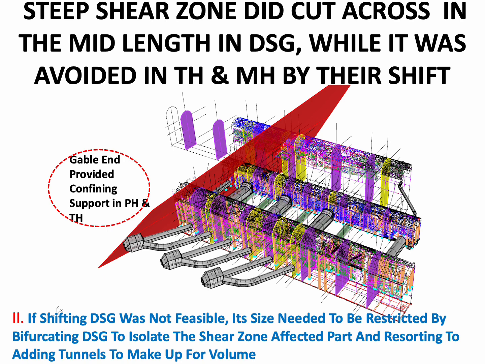So what was possible, if shifting was not possible, was to at least bifurcate the downstream surge gallery into two portions, leaving the middle portion which was affected by the shear zone, and compensating the part which was lost by adding additional tunnels and chambers connected to the two parts of the gallery. That could have been done to restrict its size, as was advised by the geology consultant in 2010.